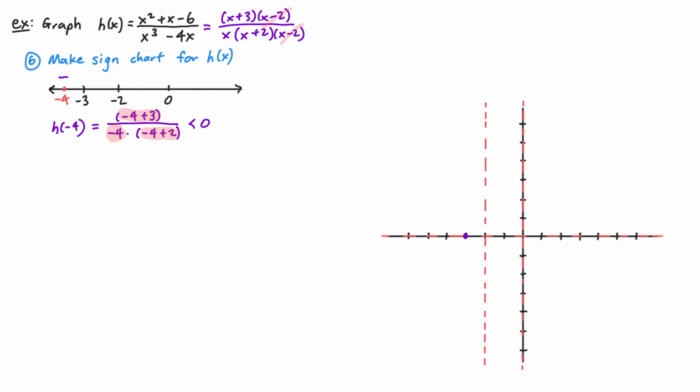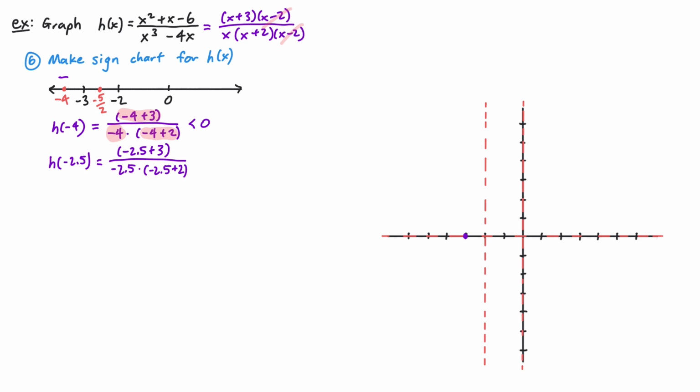Next, we have the interval from -3 to -2. There's no whole number in between -3 and -2, so we'll have to go with a fraction. So for example, we can pick something like -5/2, which is -2.5. So do h of -2.5. In the numerator, we have -2.5 plus 3. In the denominator, we have -2.5 times -2.5 plus 2.